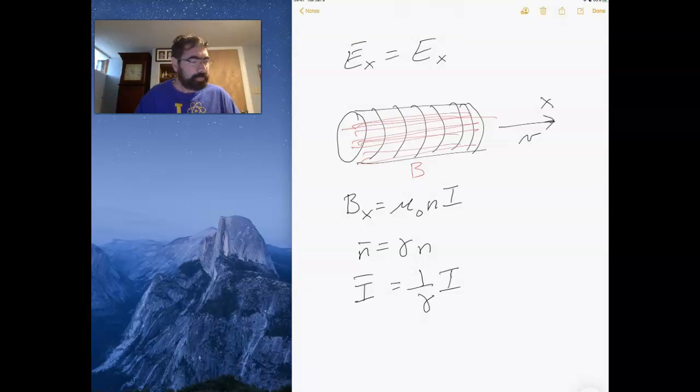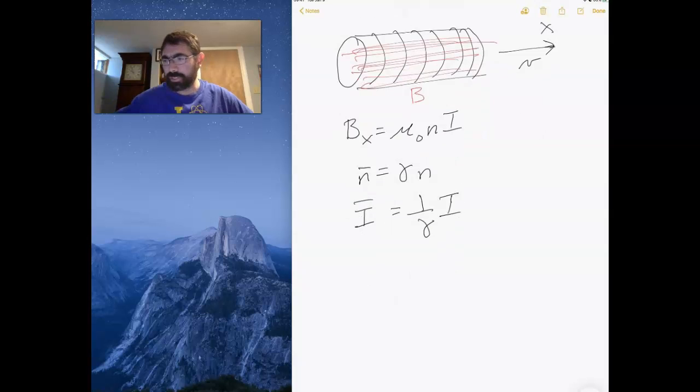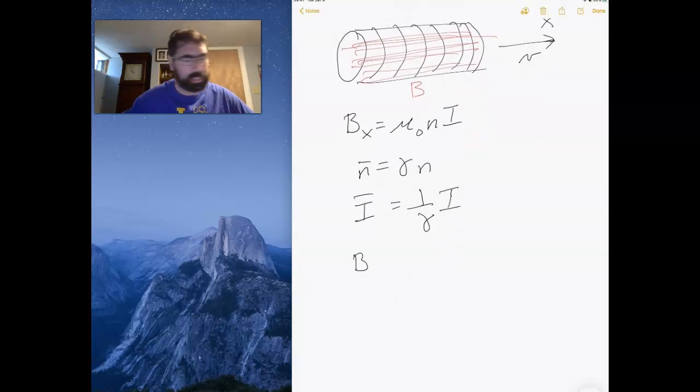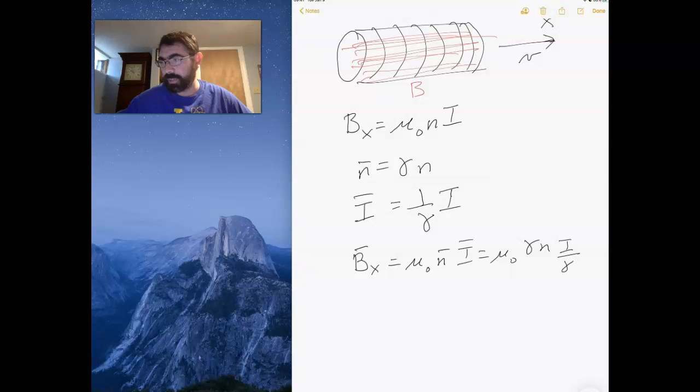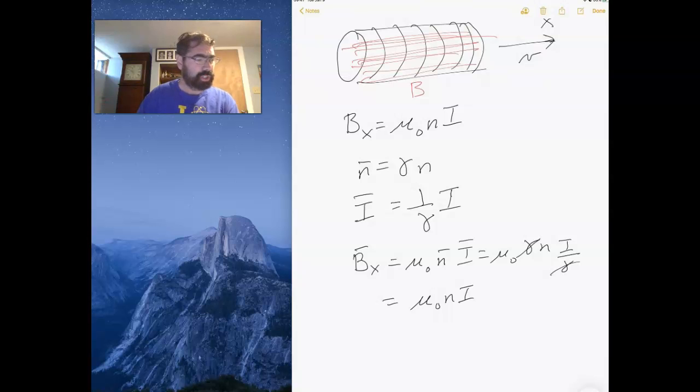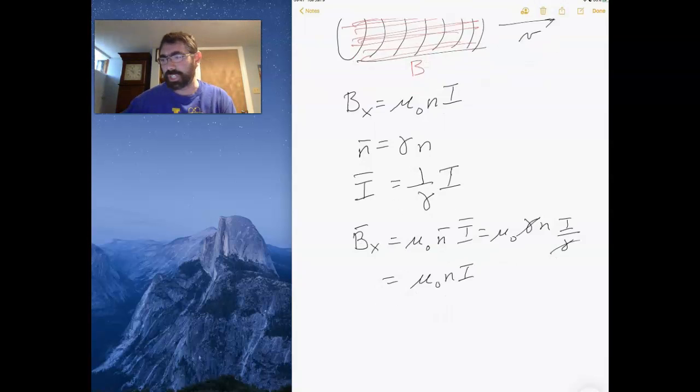Now we can put those things in, and we find that the magnetic field measured in the S bar frame is mu0 n bar I bar, which is mu0 gamma n times I over gamma. The gammas cancel, and what we have is mu0 n times I. So it turns out that the magnetic field in the direction of motion also does not change.